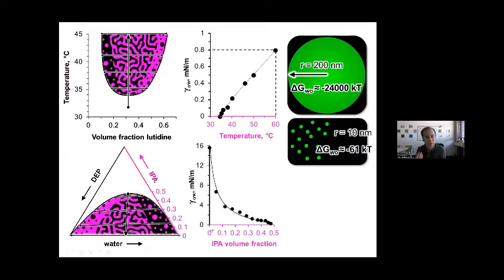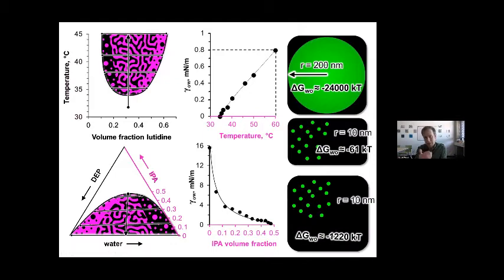And the interfacial tension will increase up to 16 millinewtons per meter for this specific example. At 16 millinewtons per meter interfacial tension, even for 10 nanometer particles, you get an attachment energy in the orders of thousands of kT, so significantly higher than what you can get with binary liquid mixtures.